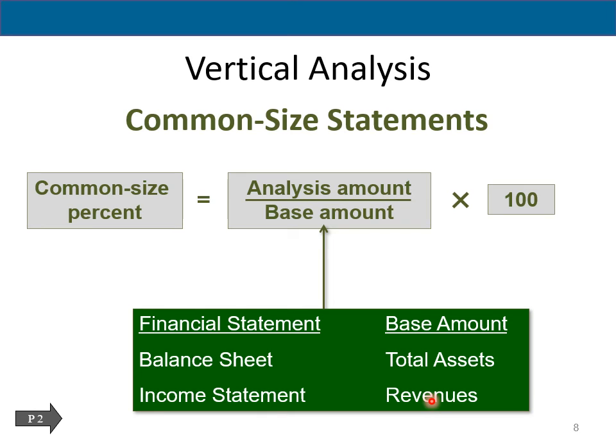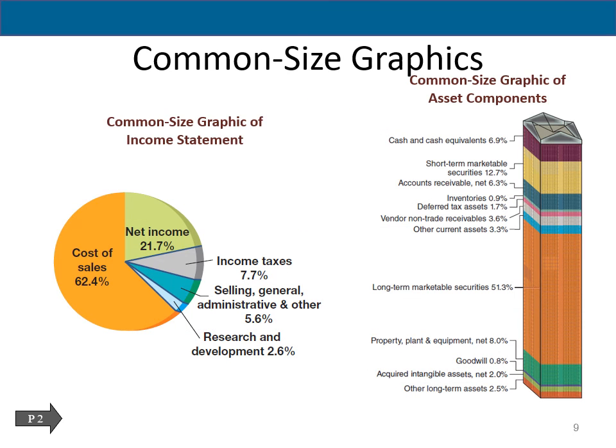All right. So that's how we use that. Same with the balance sheet. In the balance sheet, everything would be expressed as a percentage of total assets. All right. Very good for analytics. We'll do a common size financial statement.